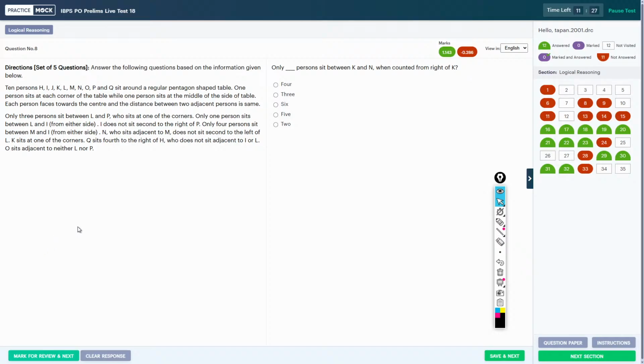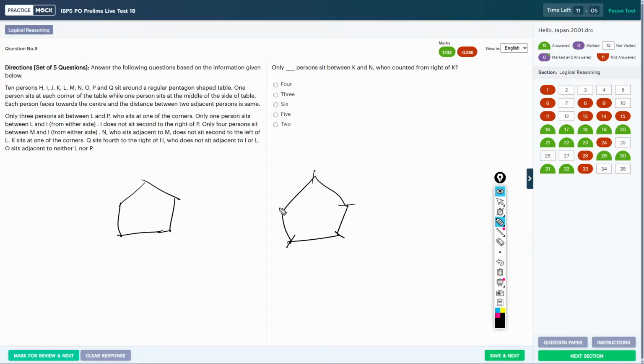10% Pentagon. Each person faces the center, right? So it's each corner of it, 1% each corner. So Pentagon, right? So 1, 2, 3, 4, 5. All facing inside.